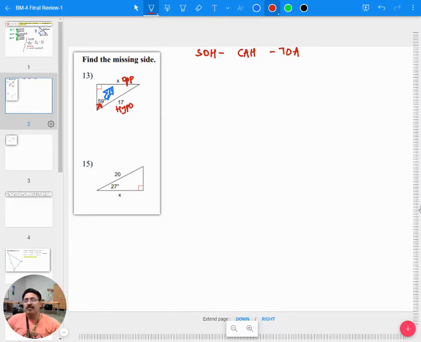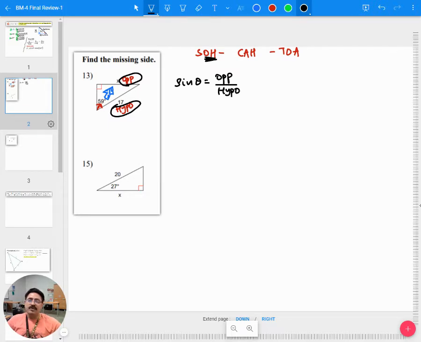These two are involved in this question. Therefore, where do you find opposite and hypotenuse? You can see that OH, so we are going to use sine. So sine theta or angle equals opposite over hypotenuse.